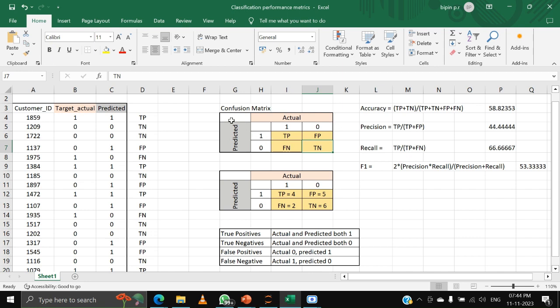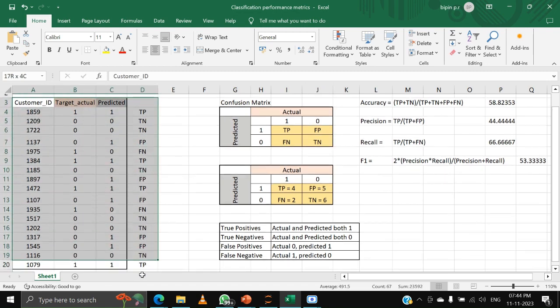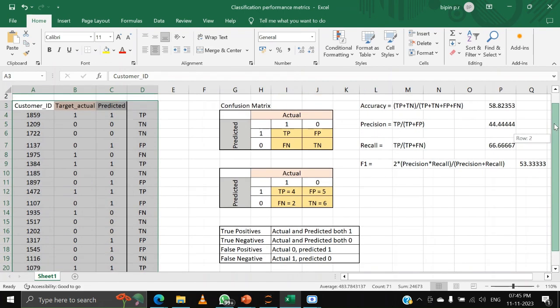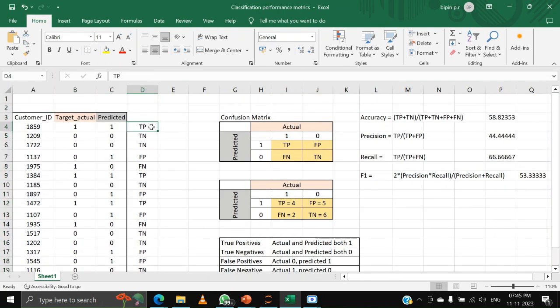So this is actually the confusion matrix, and what we have to do is fill it up. How many true positives are there? How many false positives are there? How many false negatives and how many true negatives are there from the data set we have and the predicted output we have. Now see the data set and the predicted output and see the classification. How many true positives are here?